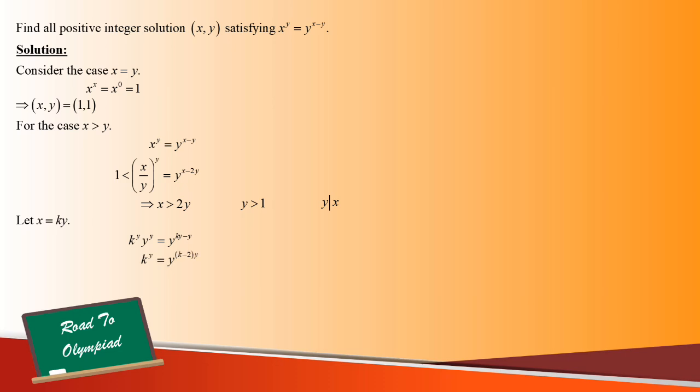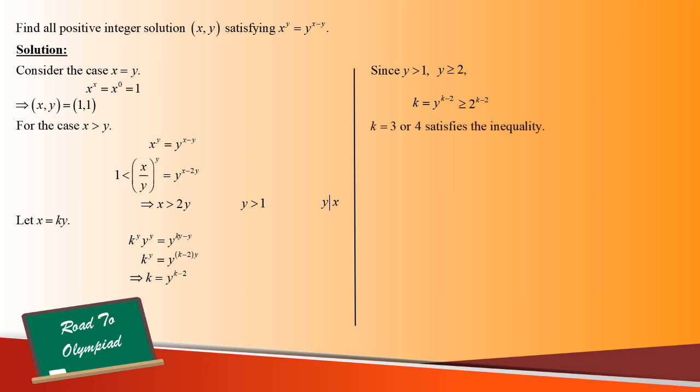By observing the equation, we have k is equal to y to the power of k minus 2. And since y is greater than 1, or in other words, y is greater than or equal to 2, we have k must be greater than or equal to 2 to the power of k minus 2. We can easily check that k equal to 3 and k equal to 4 satisfy the inequality.